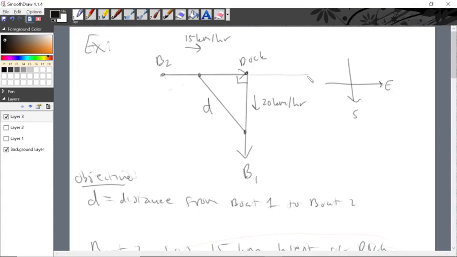If I extend this outward, then 0 would be where the dock is. A positive quantity would indicate to the east of the dock. A negative quantity would indicate to the west of the dock. And then vertically, do the same thing, so that positive position would be north of the dock, negative position would be south of the dock. I think we'll do it that way.